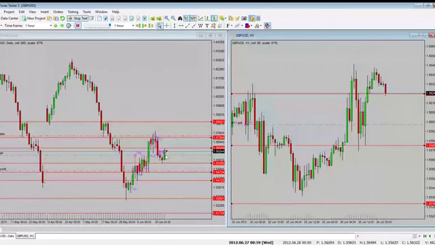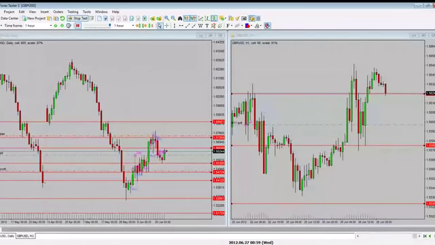Okay, so now we have a bullish candle close. Market direction is bullish here.